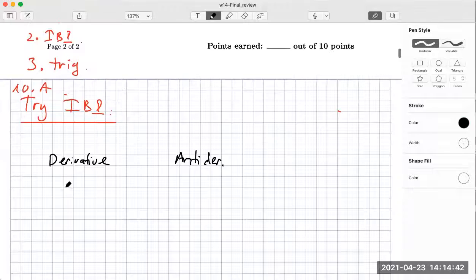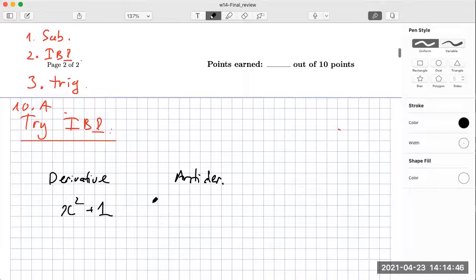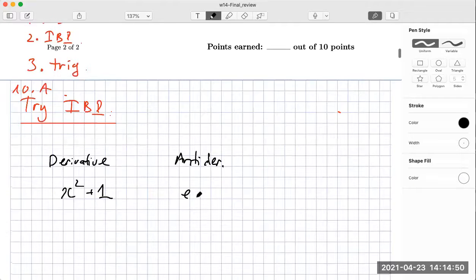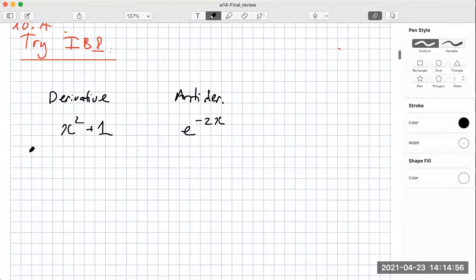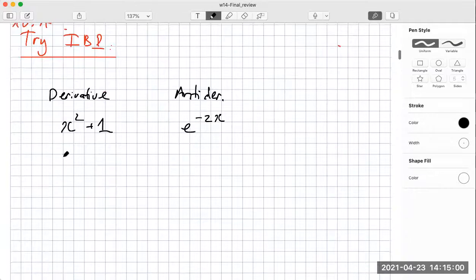That is why x squared plus 1. Therefore, the other function, e to the negative 2x here, we would take antiderivative. What is derivative of x squared plus 1 here? Very good. So remember, we can do it multiple times. And derivative of 2x will be?